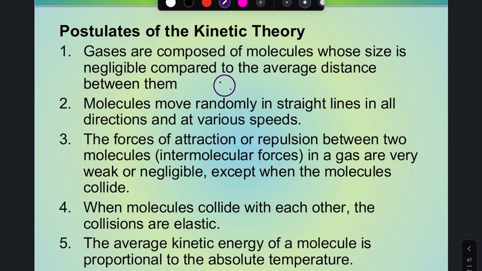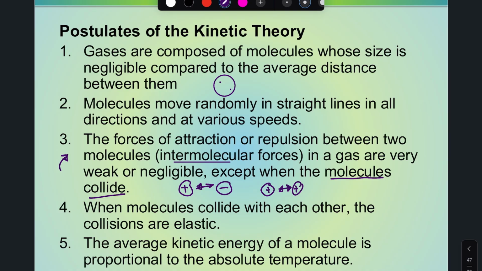We haven't talked about intermolecular forces much yet, but things that have charge, like a plus and a minus charge, are going to be attracted to each other, whereas things with a plus and a plus are going to be repelled from each other. So what this is saying is that we can assume that these forces do not matter. The only ones that do matter are when they actually smack into each other, these molecules.